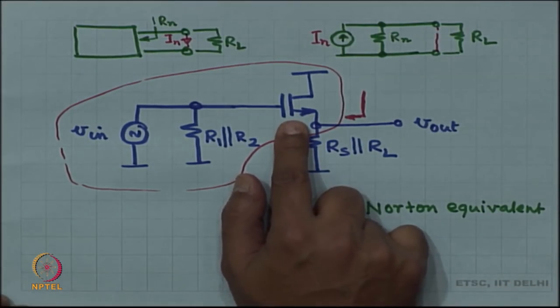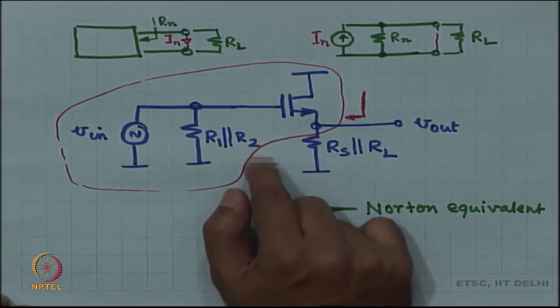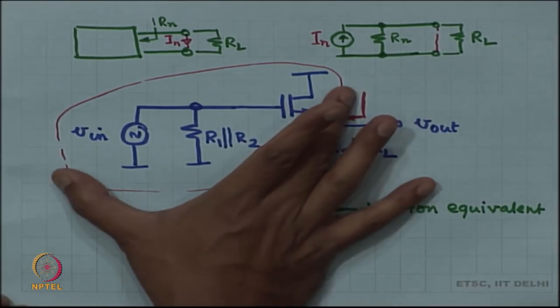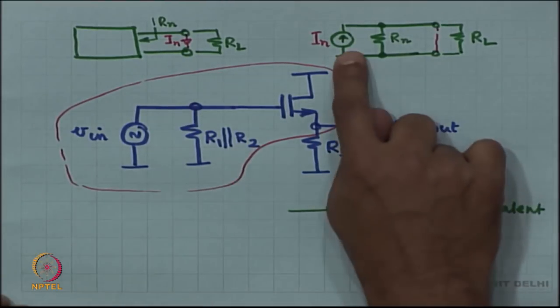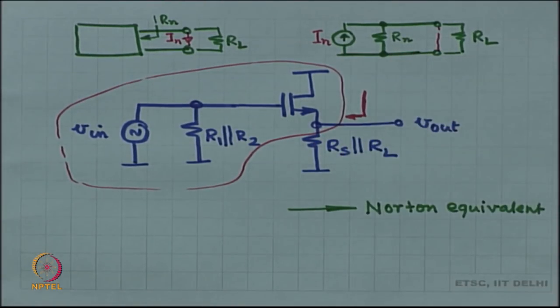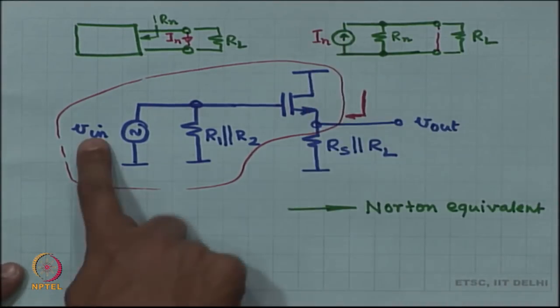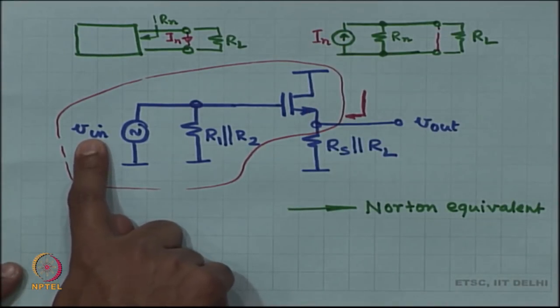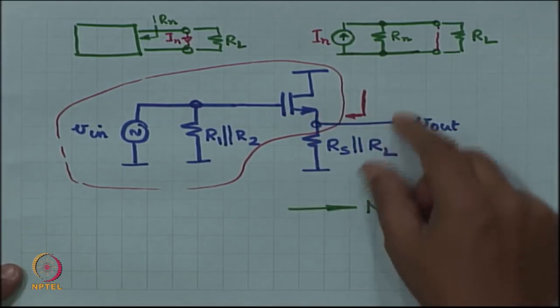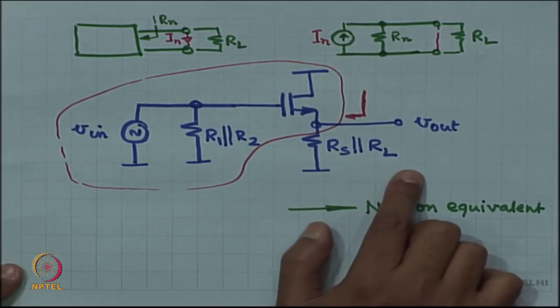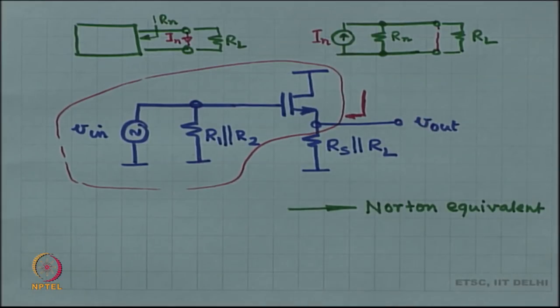So, the analysis that I am going to do is I am going to model this box as IN and Rn, where IN is some function of V in, right, and then I am going to apply RS parallel RL over here and compute the voltage V out. That is my plan.